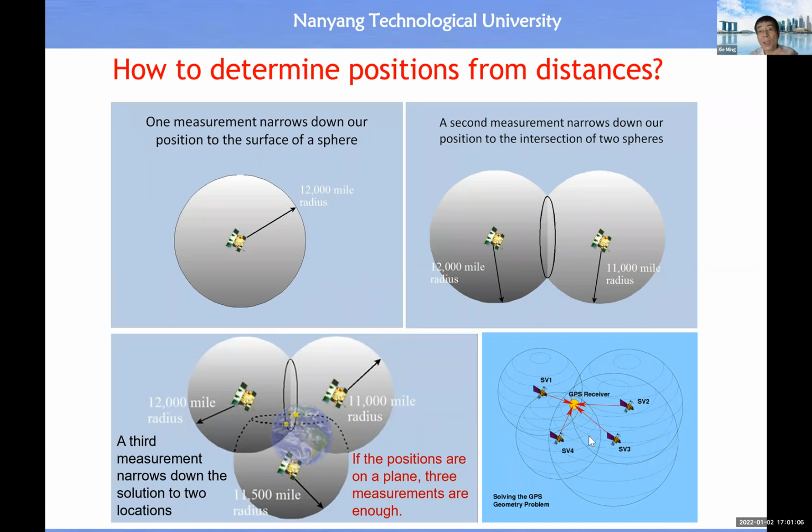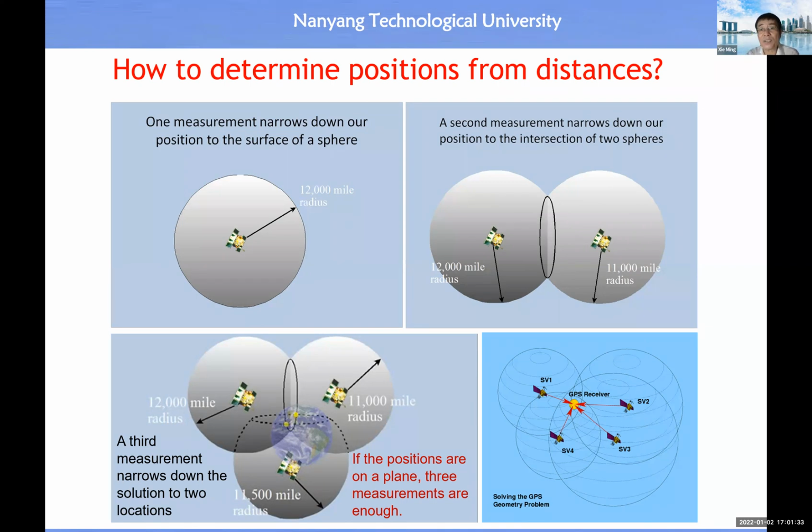And the second way to introduce an extra constraint is to add the 4th reference point. Then in this case, we know the distance from the target to 4 reference points, and we should be able to narrow down the solution to a single location, right? So this should be the working principle for us to determine position from distance, all right?